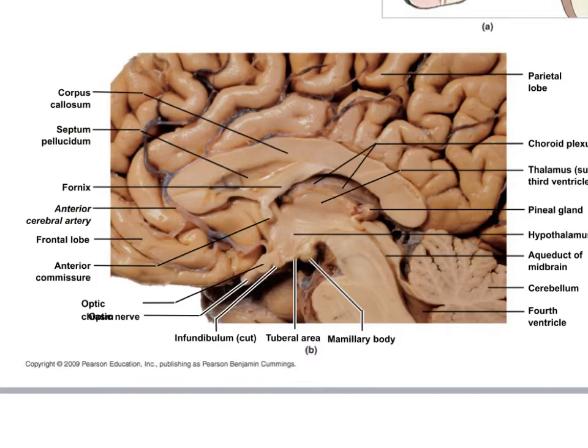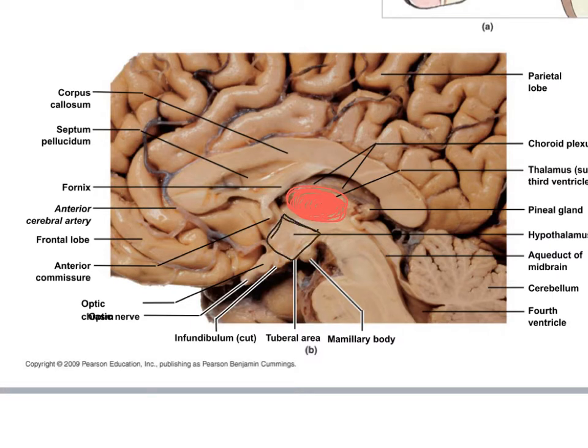So when we're looking at this picture here, we can see the hypothalamus. The thalamus sits right here. So that round thing right there is the thalamus. And then we have the third ventricle surrounding it. And then we have this area right beneath it.